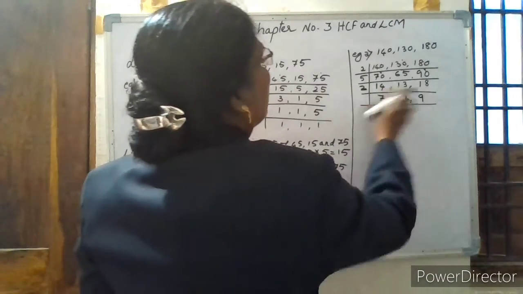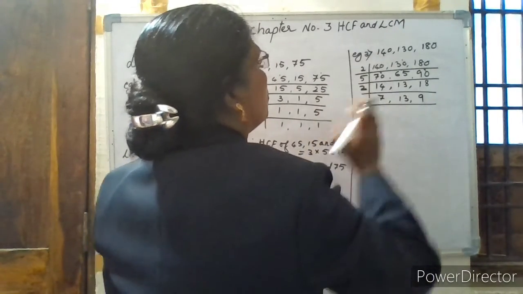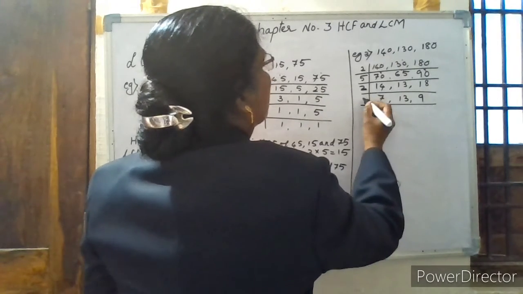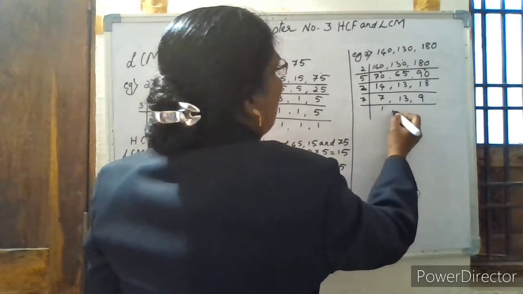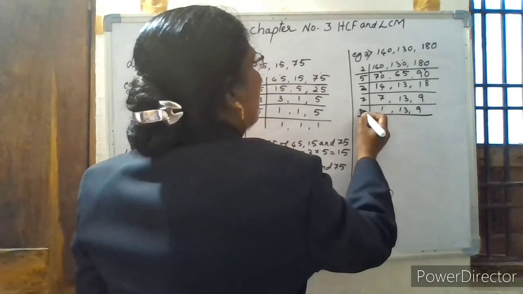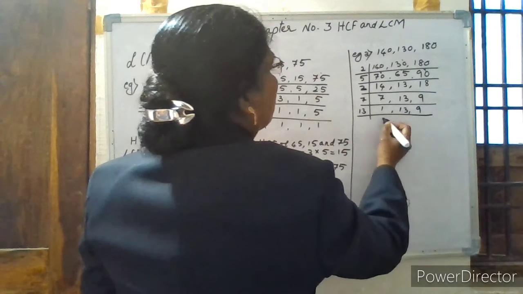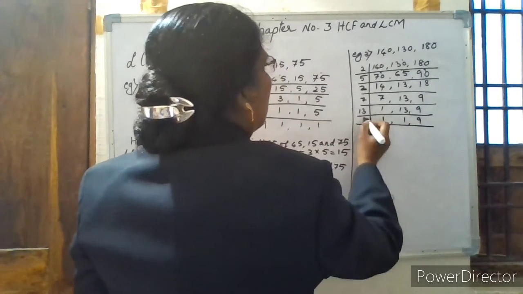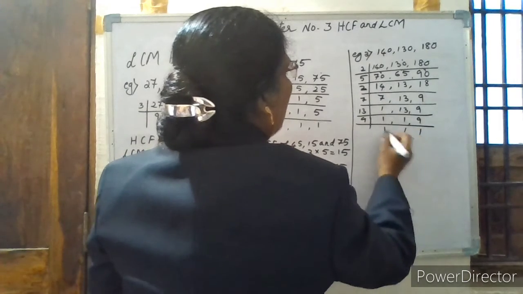Like 14 and 18 were divisible by 2, now it is not at all. So we can divide individually: 7 1s are 7, 13 keep as it is, 9 keep as it is. Now 13 is a prime number, so 13 1s are 13, 9 keep as it is. Now 9 1s are 9 as it is.